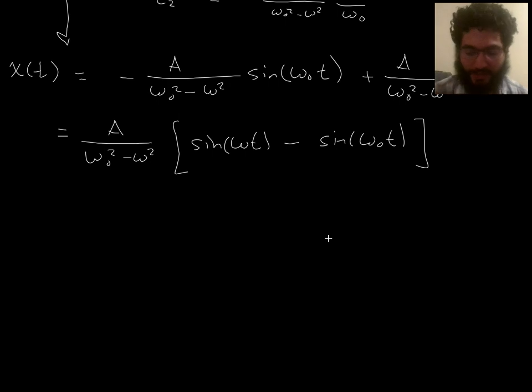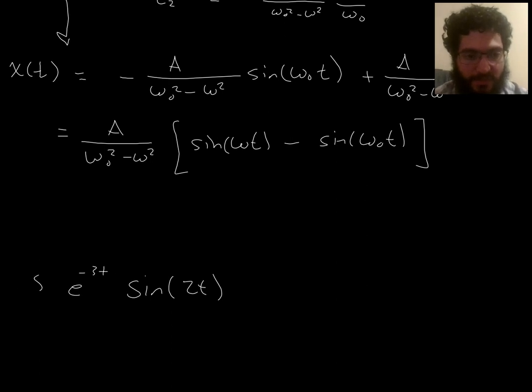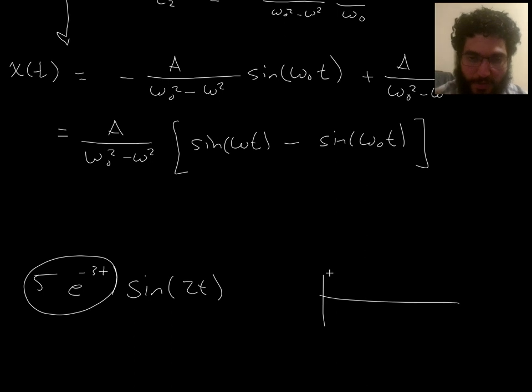Just like in the previous lecture, we saw some functions that were like sine of omega t times some exponential, maybe something like sine of 2t times e to the minus 3t times 5. Then we think of this exponential decay as the amplitude. And when we plot it, we see the amplitude is decaying, but it's also a sinusoidal function. So you get this decaying oscillations behavior, right?